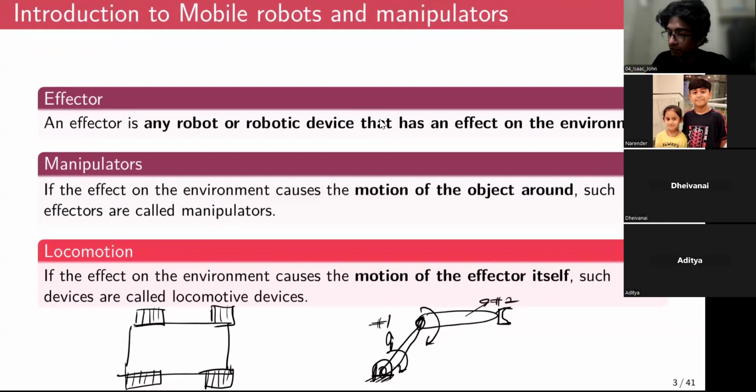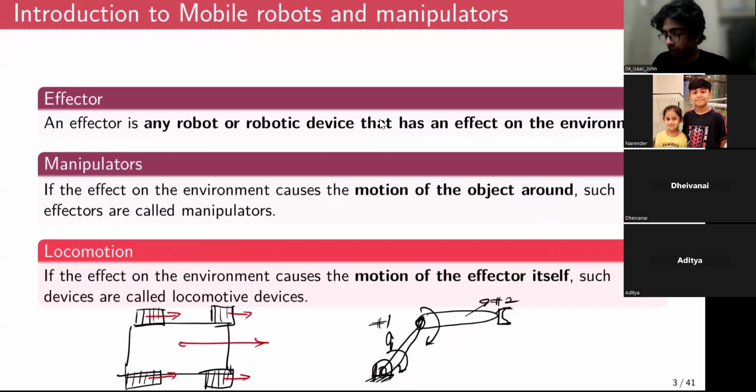If you give some input to each of these motors and apply some torque on these wheels, the effect on the environment would be to create some tractive forces on the environment. As a reaction, the entire chassis of the mobile robot would move forward, or move in any direction depending on the relative speed and relative direction of the wheel velocities.